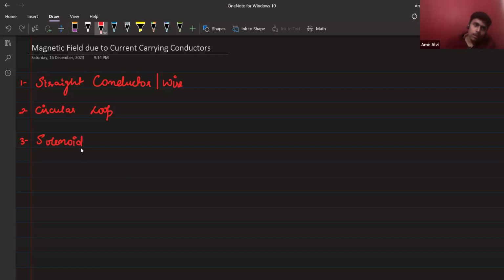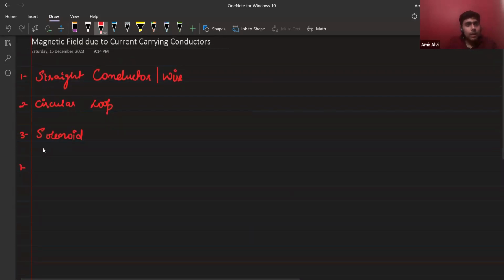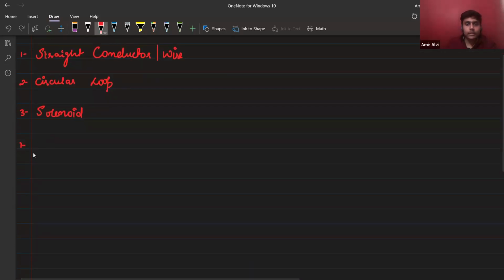The first one is the magnetic field due to a current carrying straight wire. So I'm writing here: straight wire.